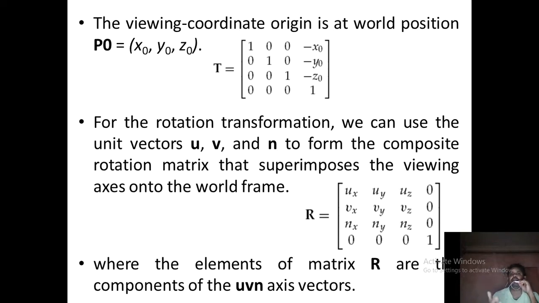To form the composite rotation matrix that superimposes the viewing axes onto the world frame, instead of taking angles, we take vectors. The rotation matrix is then ux, uy, uz, then vx, vy, vz, and so on, where u is the x axis, v is the y axis, and n is the z axis. The elements of matrix R are the components of the n, v, u vectors. In the previous video we derived this.